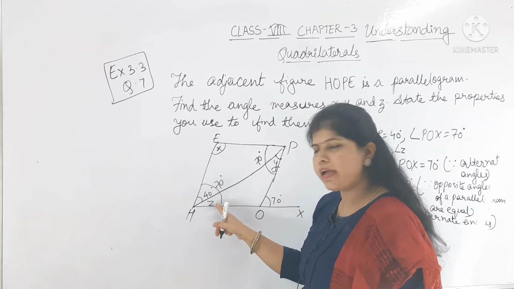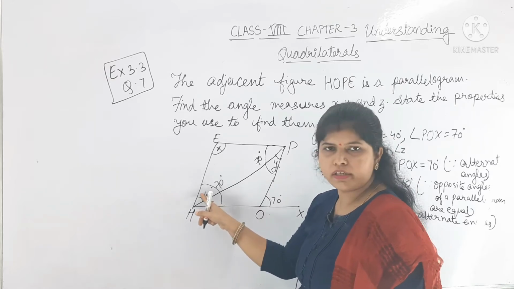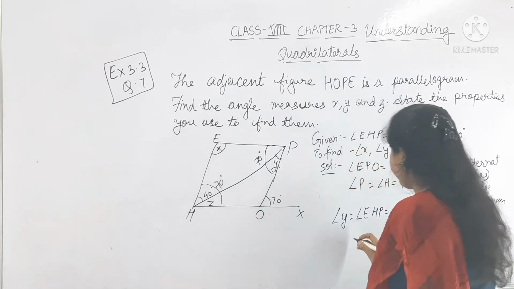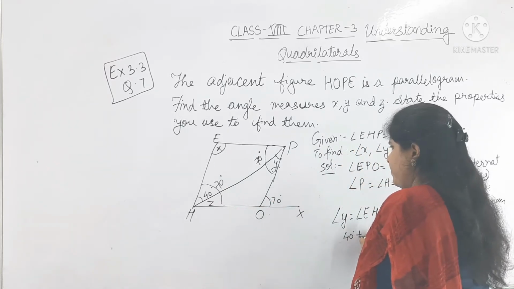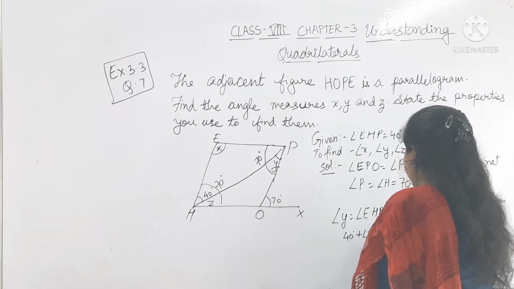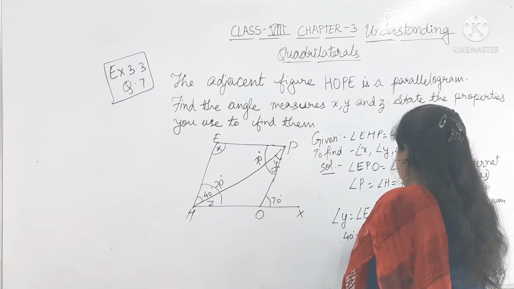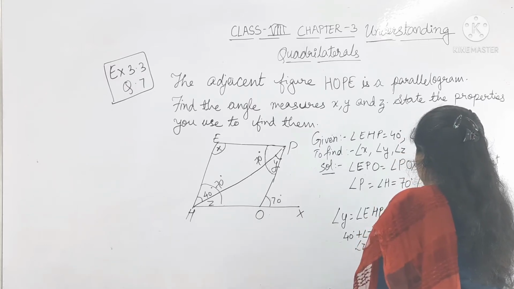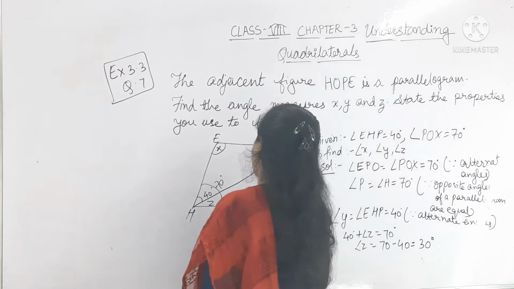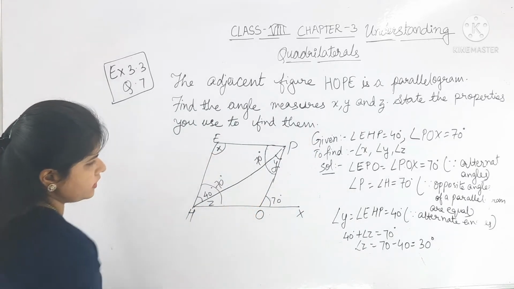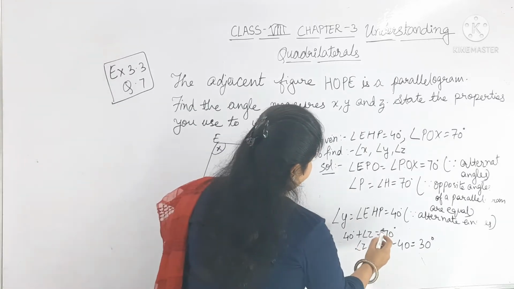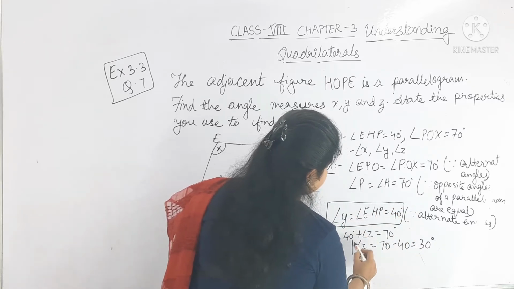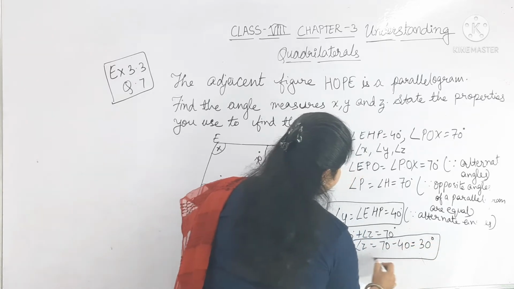We have to find angle Z and we know that angle 40 degree here. So 40 plus Z equal to 70 degree. We can write like this: 40 degree plus angle Z equal to 70 degree. So angle Z equal to 70 minus 40, that is 30 degree. So we have found angle Y and angle Z. Angle Y is 40 degree, this one, and angle Z is 30 degree, this one.